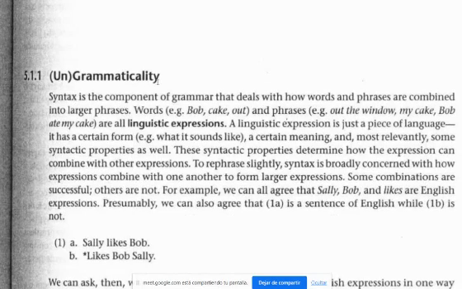Grammaticality and ungrammaticality. Another important concept that we need to know. What is grammaticality and what is ungrammaticality? Who wants to read? Because I'm tired. Syntax is the component of grammar that deals with how words and phrases are combined into larger phrases.